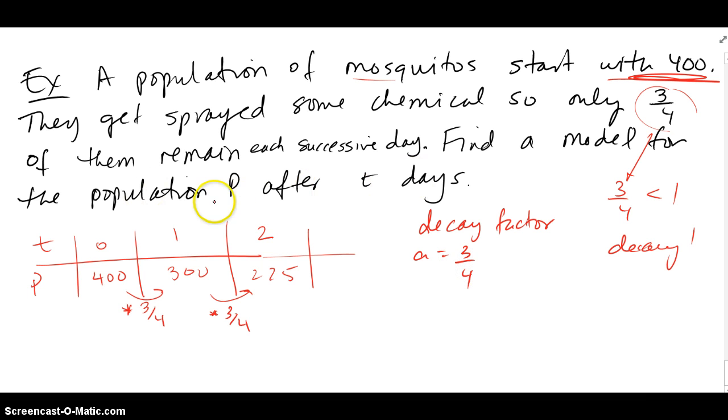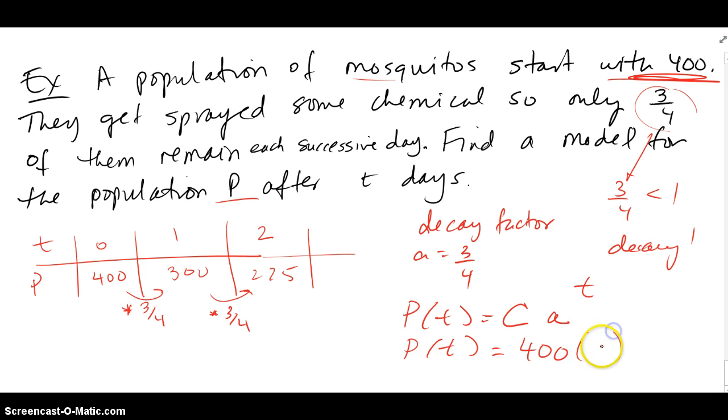So I have a population P of t that's going to start with some amount and go a to the t as its decay factor. So P of t, initially I started with 400 mosquitoes. The decay factor is already given to me, the 3/4 raised to the t. So each day that goes by, I only have 3/4 of the previous amount left, therefore multiplying each time successively by powers of 3/4.